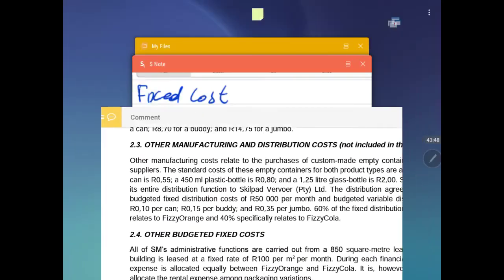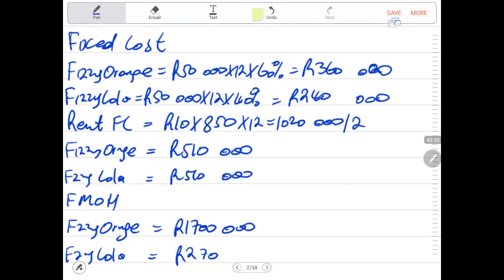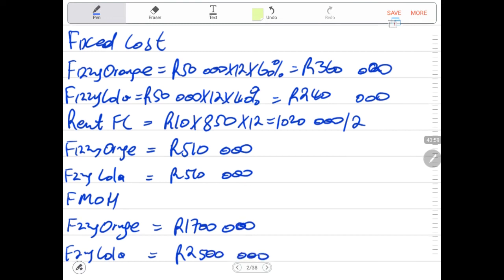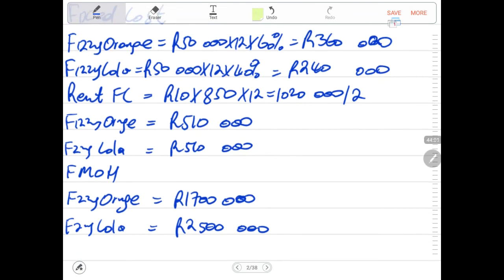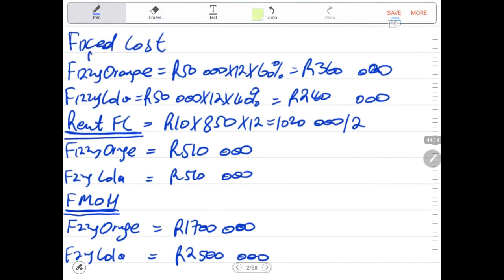Yes, Cola is 2.5 million. So that is our fixed cost divided into 3: rental of the administration building, fixed overheads, and the distribution.